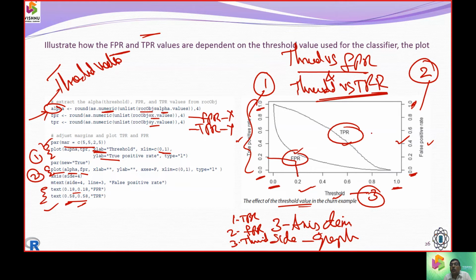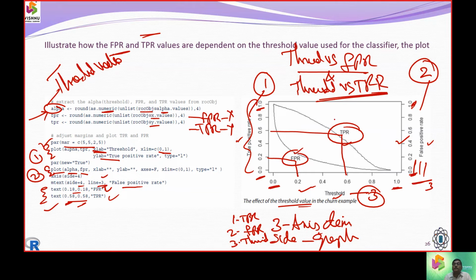This is what we observe, where the FPR and the TPR have to appear. Where the FPR should appear, it is at the third position, so we give it at side 4.